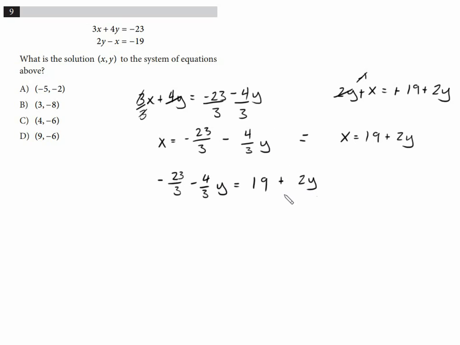And we want to get all the y's on the same side and all the numbers on the other.